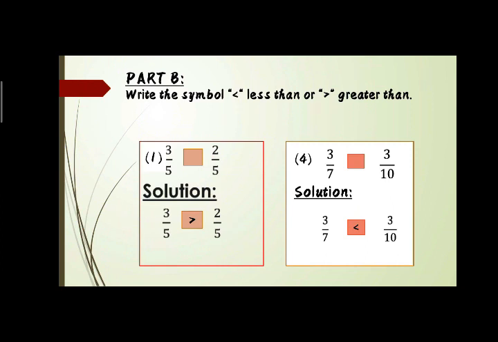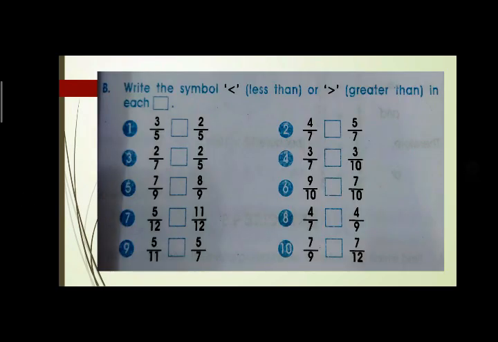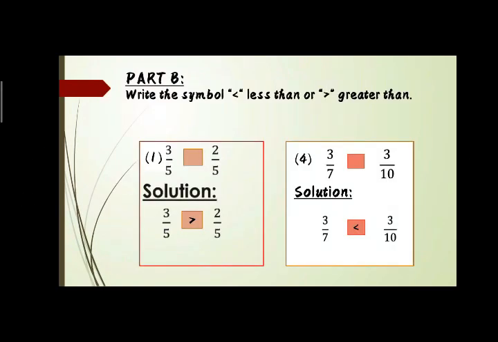Now move to the next part from the same exercise. Question number 4. Now 3 upon 7 and 3 upon 10. Now you have to observe here. On the basis of the denominator we also say here is an unlike fraction.